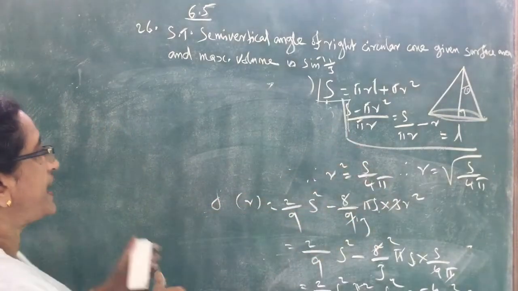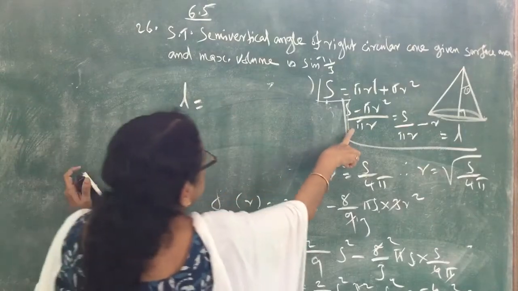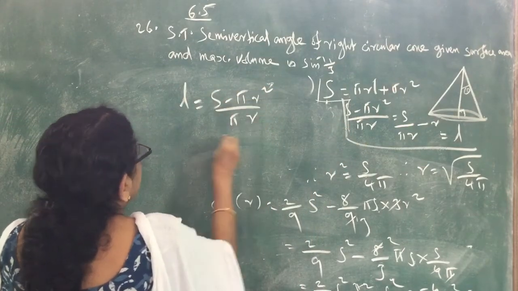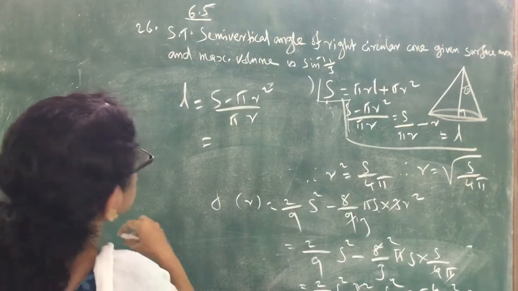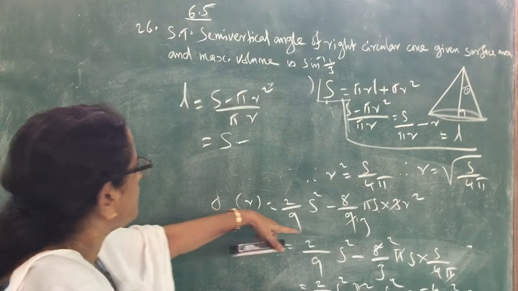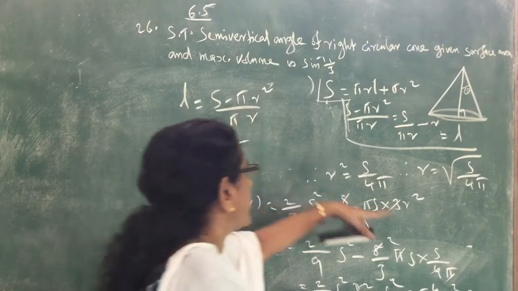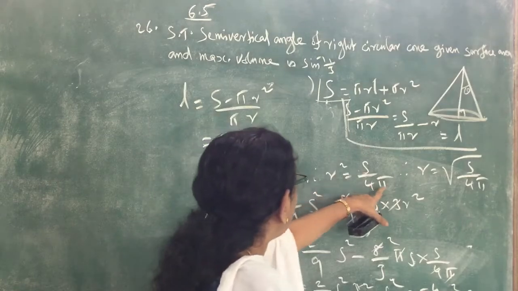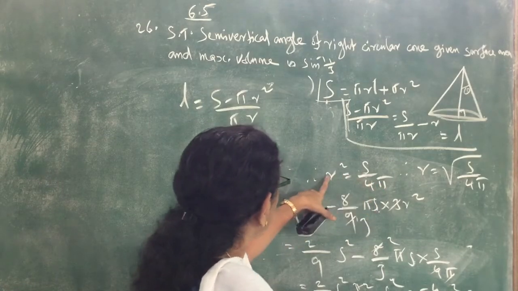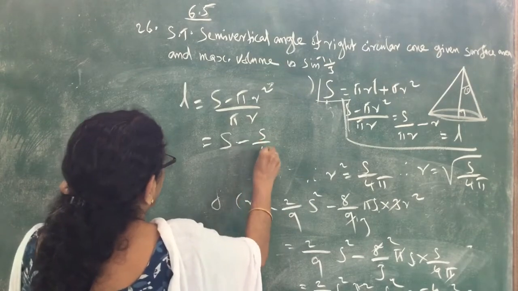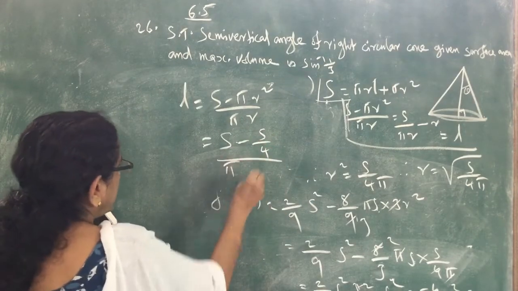Now we have to find L. L equal to this one, s minus pi r square by pi r. That is equal to s minus pi into r square. See here, from this we get 4 pi r square equal to s, so pi r square equal to s by 4. Sorry, s by 4 divided by pi into r.